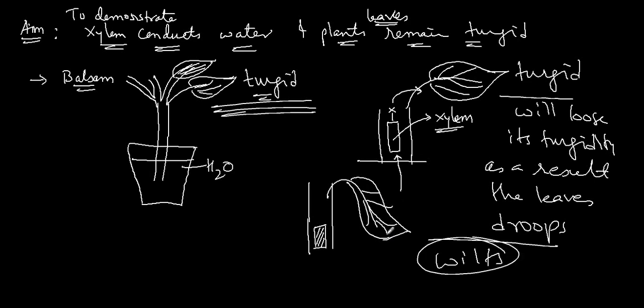That means they wilt because of loss of turgidity. So that says that xylem conducts water, and the leaves remain turgid. Once the xylem is removed, the leaves lose turgidity and they wilt.